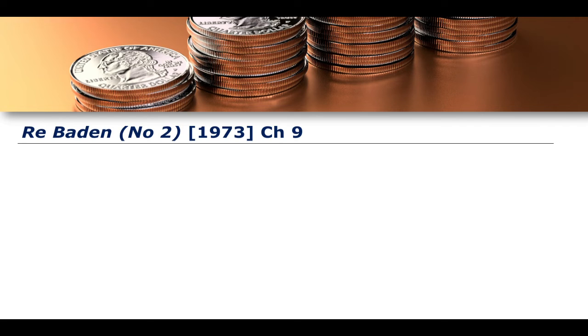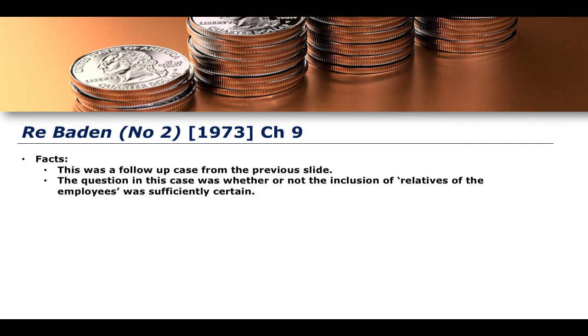Compare this to the Re Baden case from 1973, so slightly afterwards. Again, this is a follow-up case from the previous slide, and the question in this case was whether or not the inclusion of the, quote, relatives of the employees was sufficiently certain to satisfy the certainty of objects and therefore qualify the creation of an express trust.